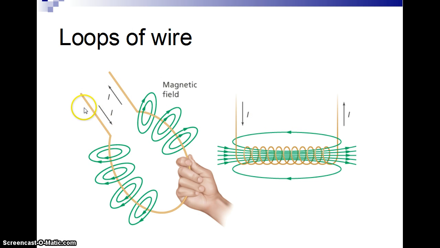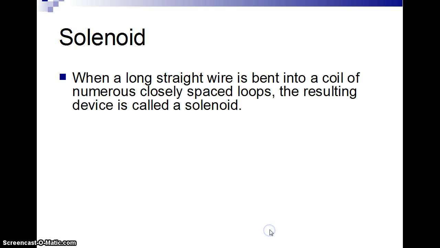Basically, the current comes in, loops around, and it all adds up together at the center. Then if you have a bunch of loops of wire, that's going to add up more and more. That's what it looks like. Inside it gets very compact, and outside it gets very weak. This is called a solenoid. This is what you do to make a very, very strong electromagnet.